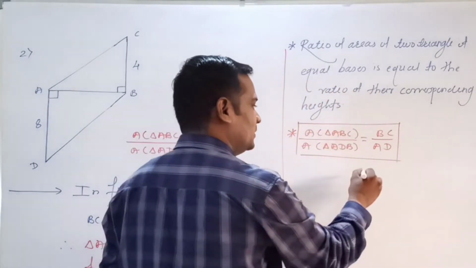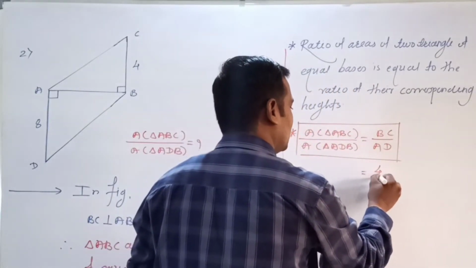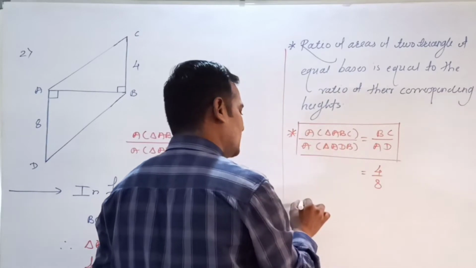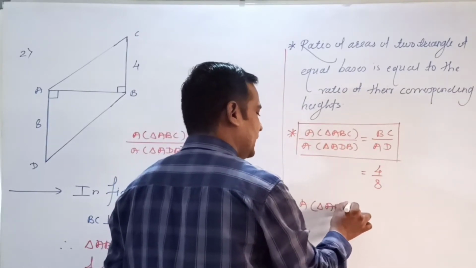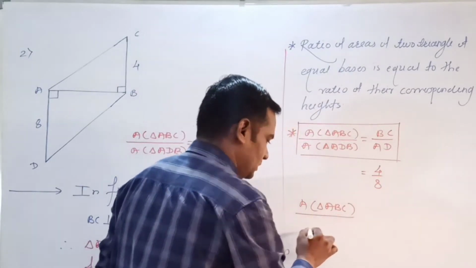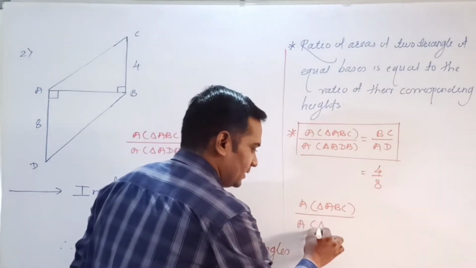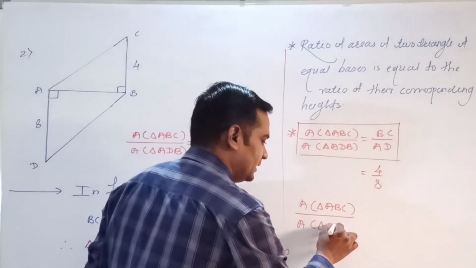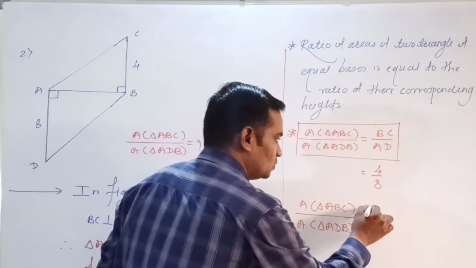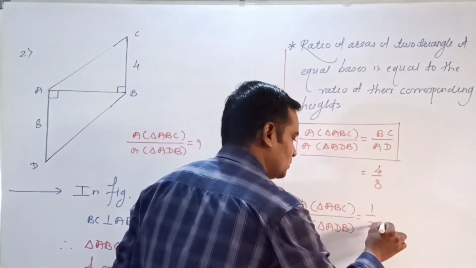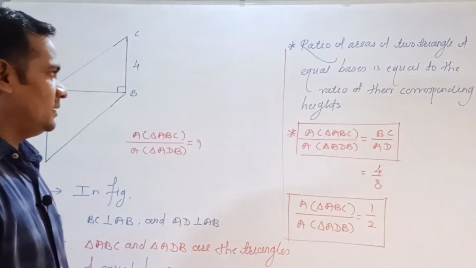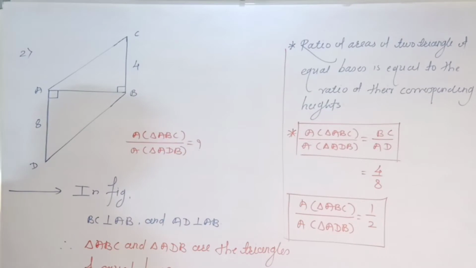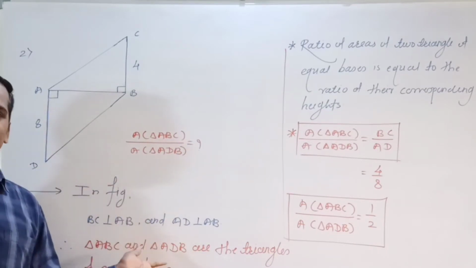Just put down the values: this one is 4 upon 8. 4 ones are 4, 4 twos are 8. That means area of triangle ABC upon area of triangle ADB is equal to 4 upon 8, that is 1 upon 2. In this way, we can easily complete example number 2.